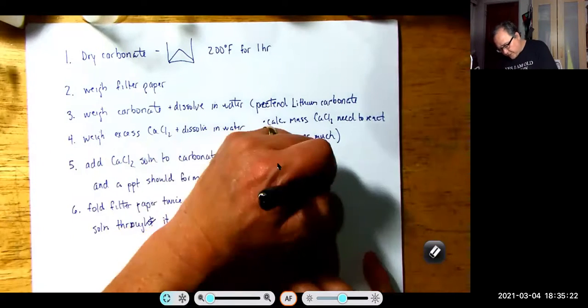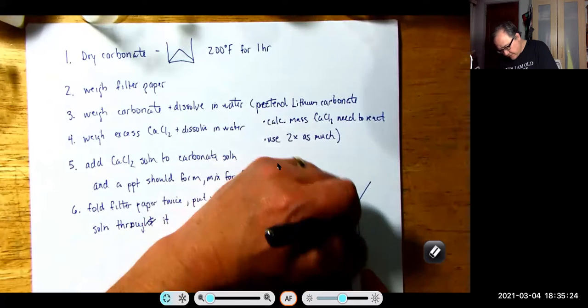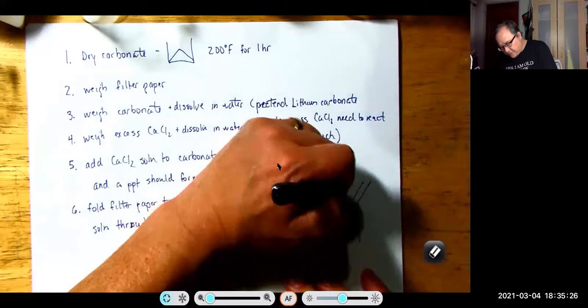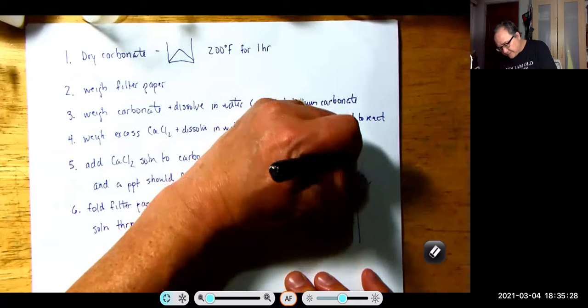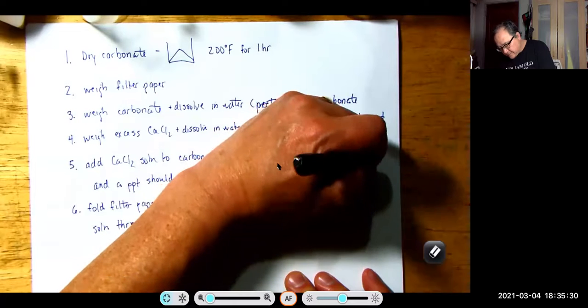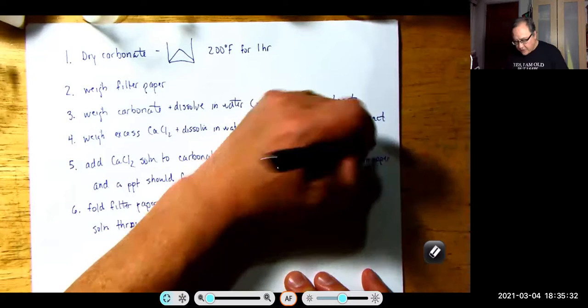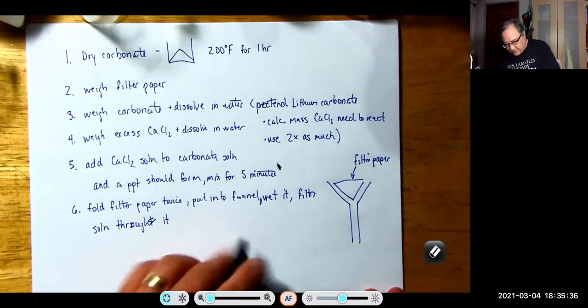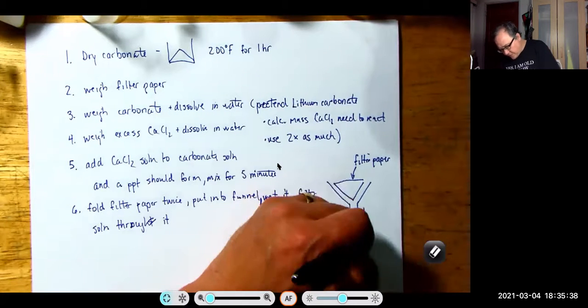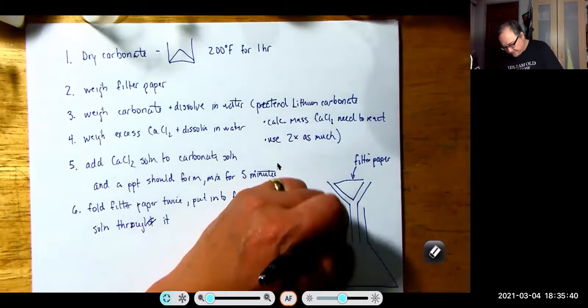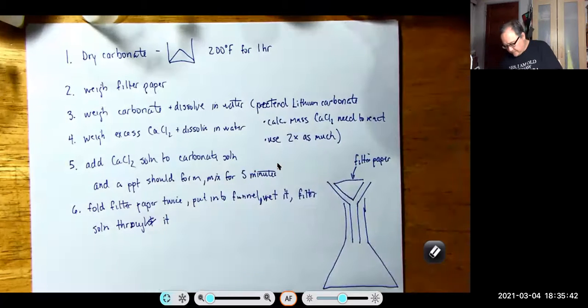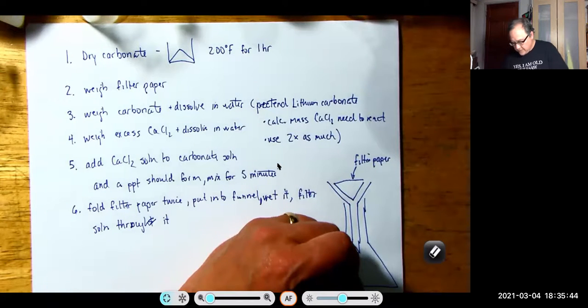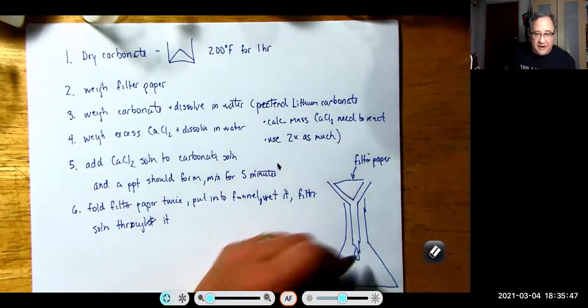So here is your funnel. This is your filter paper. And you're going to filter your solution through it. And the funnel is going to be put in your Erlenmeyer flask like this. This is supposed to be a drop coming out of the bottom.